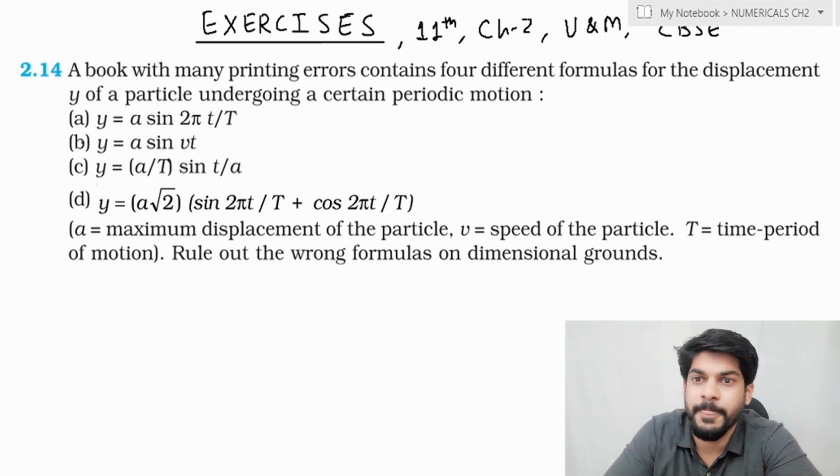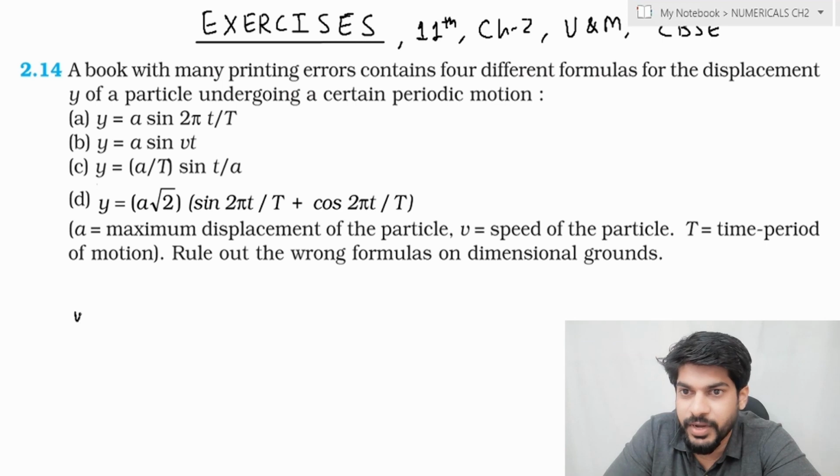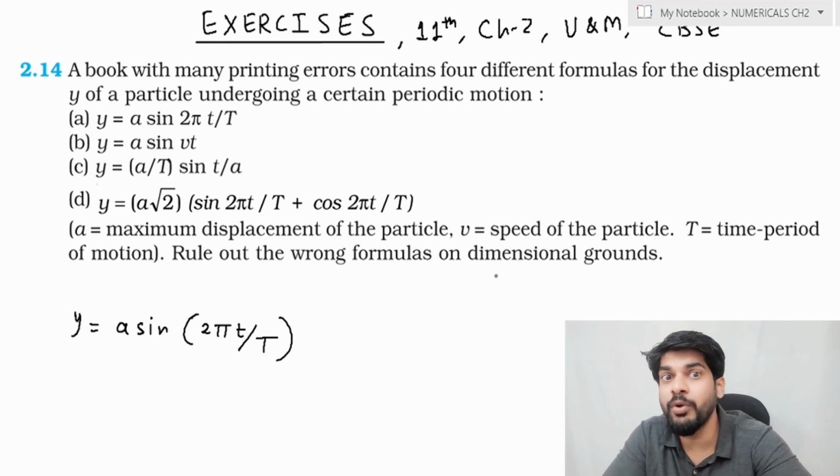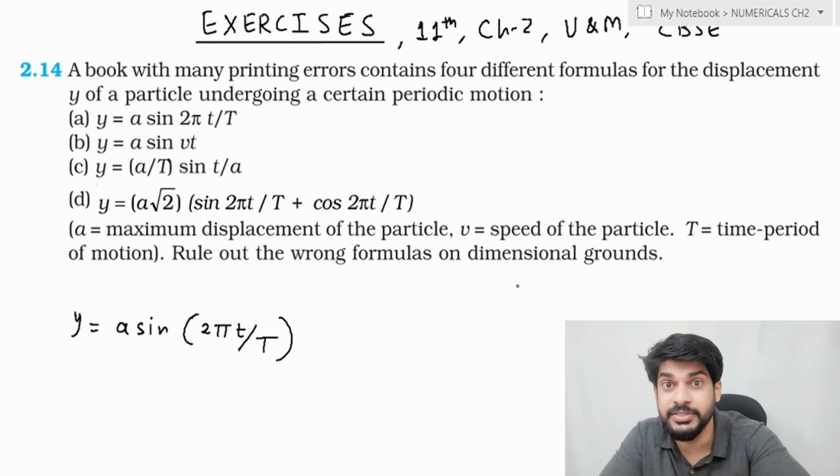So here you can see the first equation is y is equal to a sine 2 pi small t upon capital T. Small t is also time, capital T is also time. This is the first equation. Now we have to check whether these equations are correct or not on dimensional grounds. That means we have to use dimensional analysis over here.